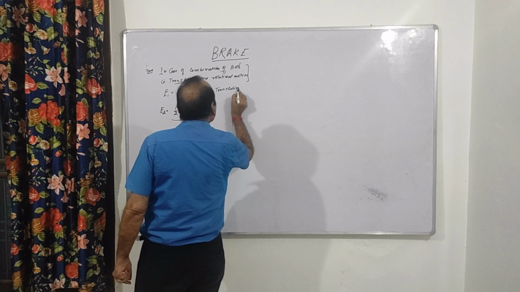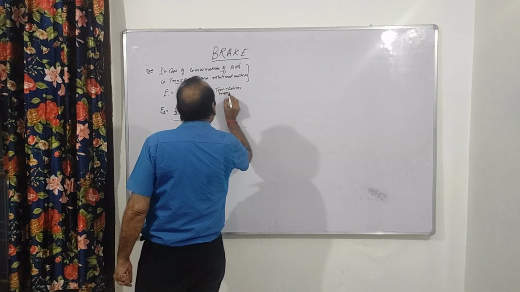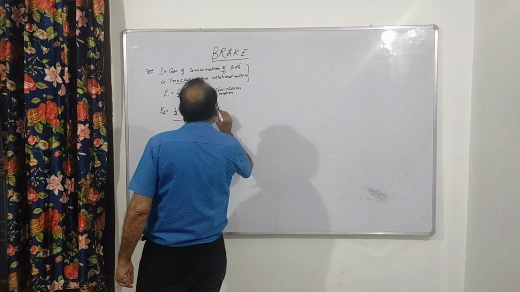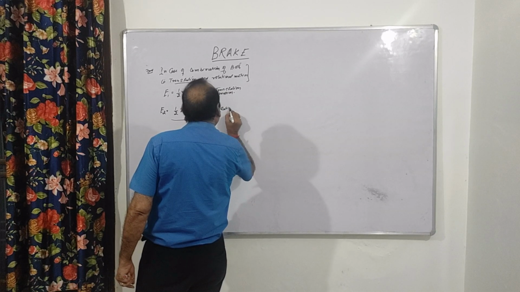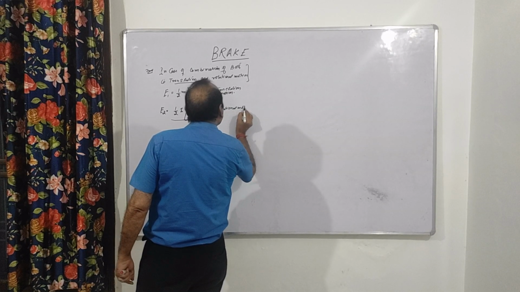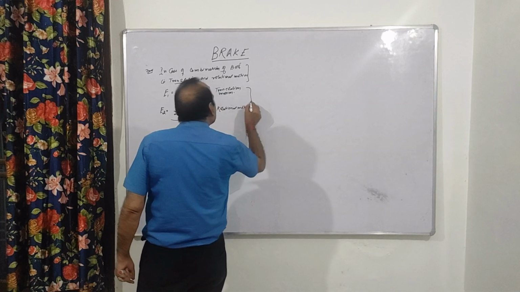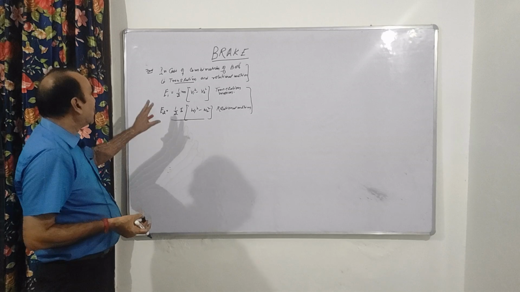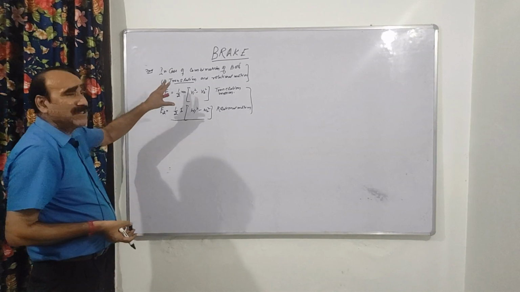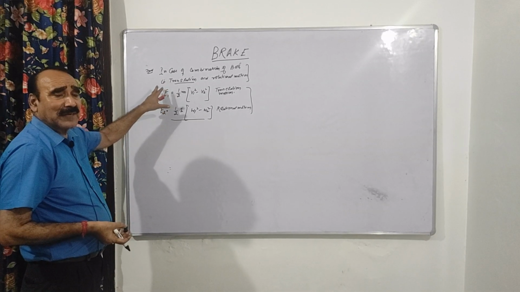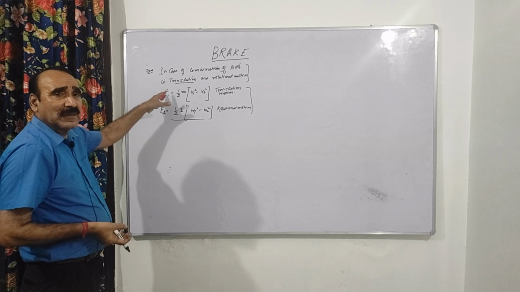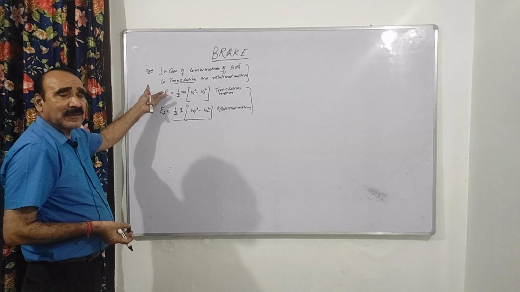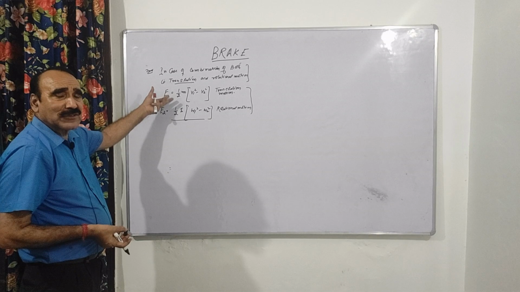This was in translation motion. This is your rotational motion. So then the total energy, if a body has a combination of both, as in the example of the driving wheel of the locomotive or the driving wheel of this car.